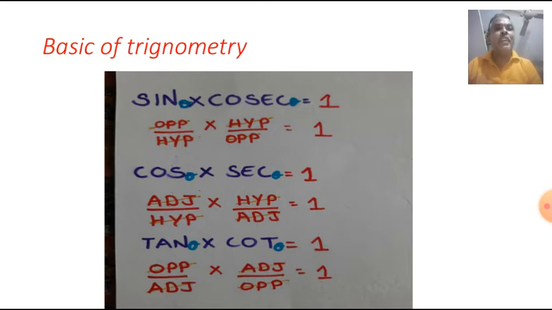Thirdly, tan theta into cot theta is 1. Tan theta is the ratio between opposite and adjacent into cot theta is the ratio between adjacent side and opposite side. Opposite side will cancel with opposite and adjacent with adjacent. Result is 1. So it is clear tan theta into cot theta is 1.